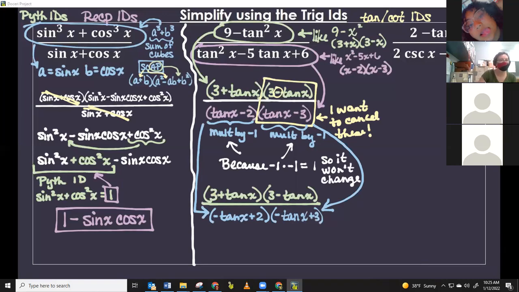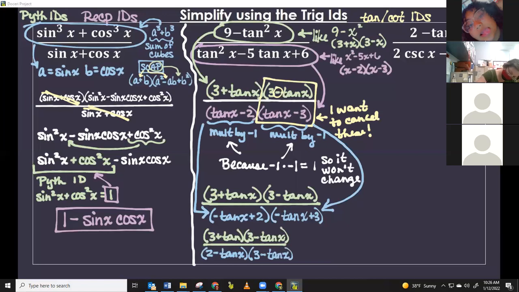And now I can rearrange things. So I would have 3 plus tan x, 3 minus tan x, over 2 minus tan x, 3 minus tan x.